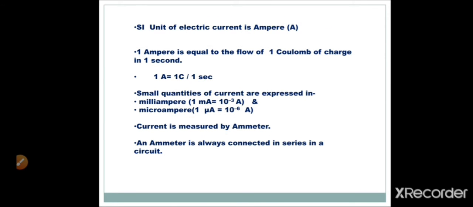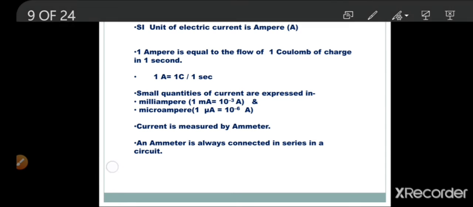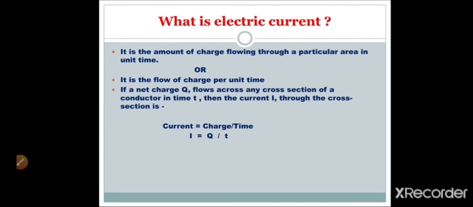The SI unit of electric current is ampere. It is represented by capital A. If we define 1 ampere, then 1 ampere is equal to the flow of 1 coulomb of charge in 1 second. That is, 1 A equals 1 C upon 1 second, as we have seen earlier, I equals Q upon t.